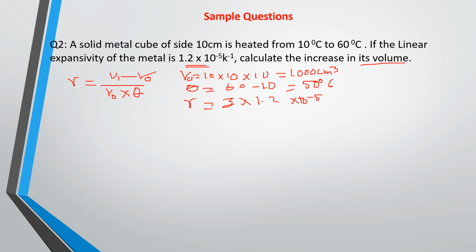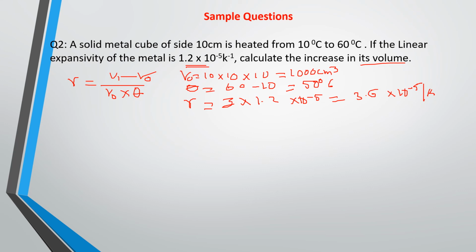So your volume expansivity will be 3.6 times 10 raised to the power minus 5 per Kelvin. Okay, so we have gotten all this information now. They said calculate the increase in its volume.